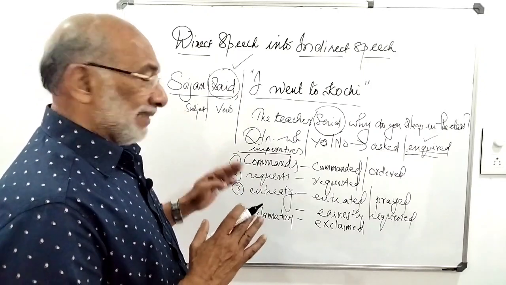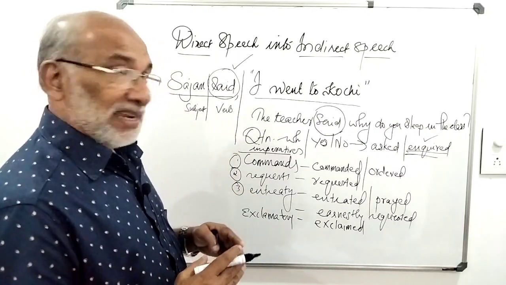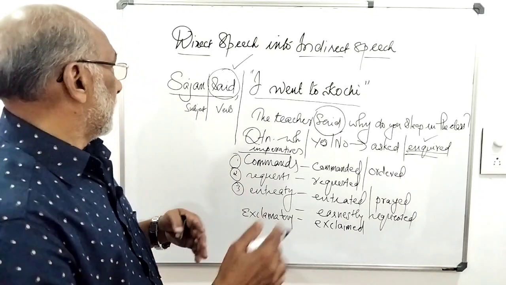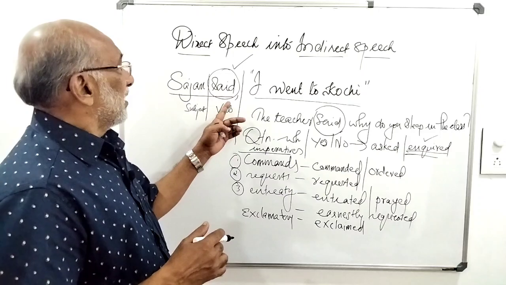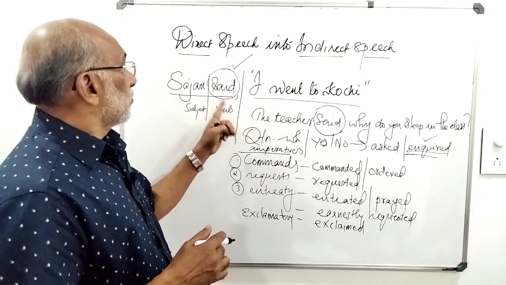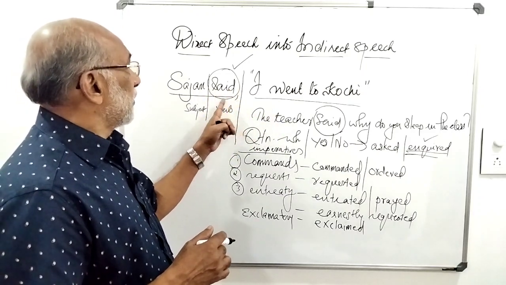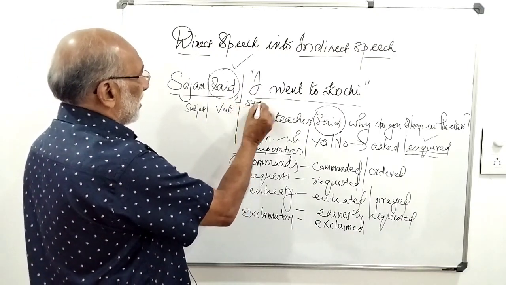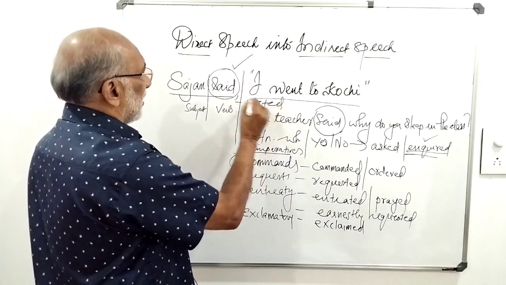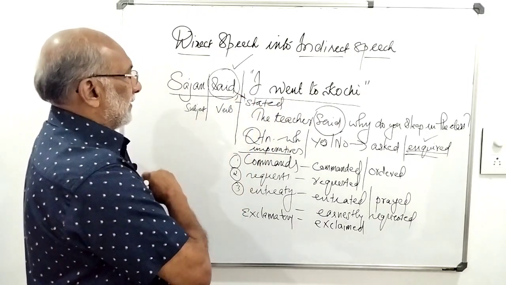So I think the idea is very clear. Can I recollect and wind it up? Okay, Sajan said, I went to Kochi. This is a statement, so the reporting verb that can be used is said or stated. You can use even stated, a choice for said.